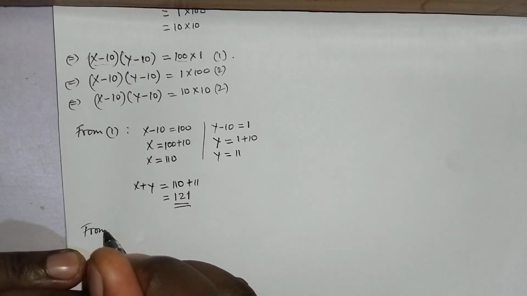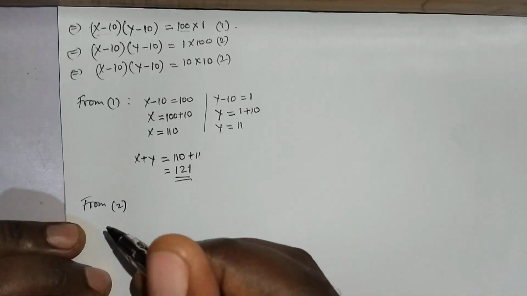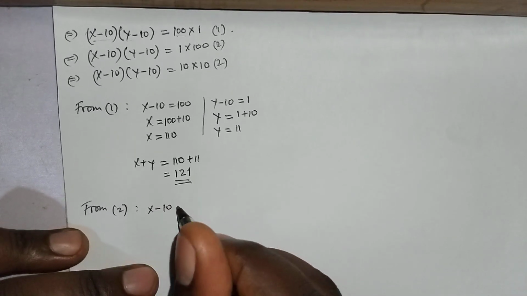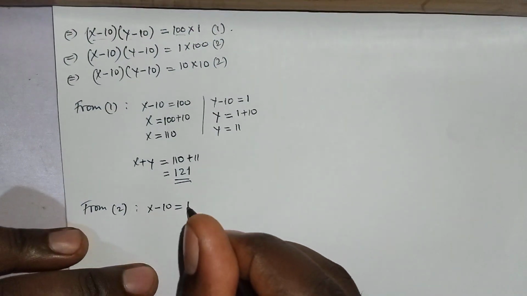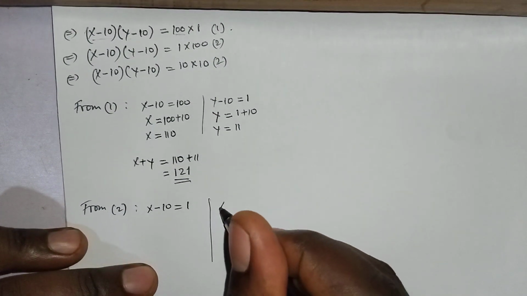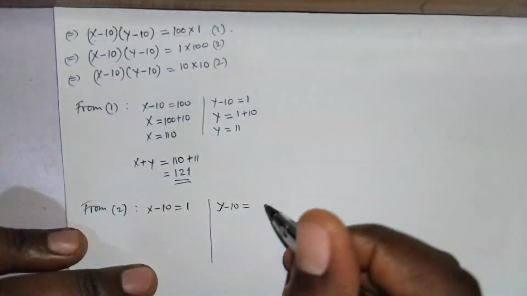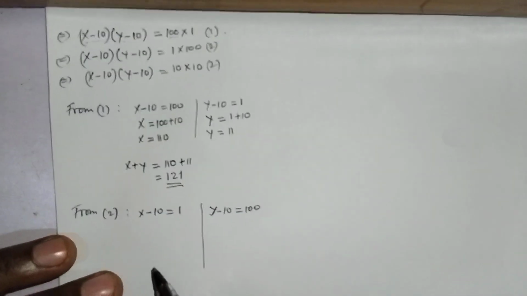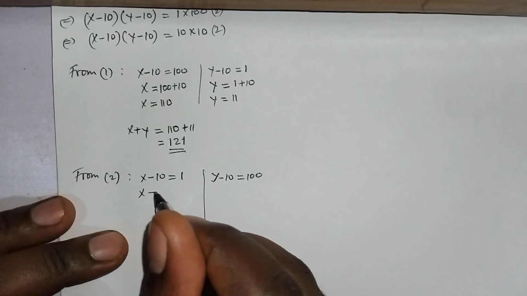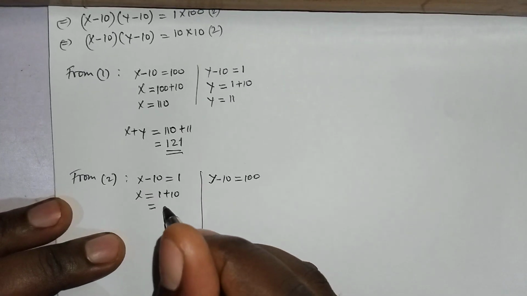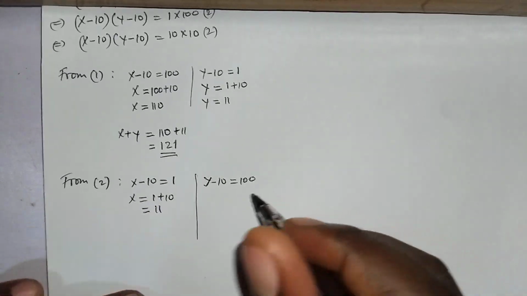And from equation 2, x minus 10 is equal to 1 and y minus 10 is equal to 100. So here x is equal to 1 plus 10, which is equal to 11.